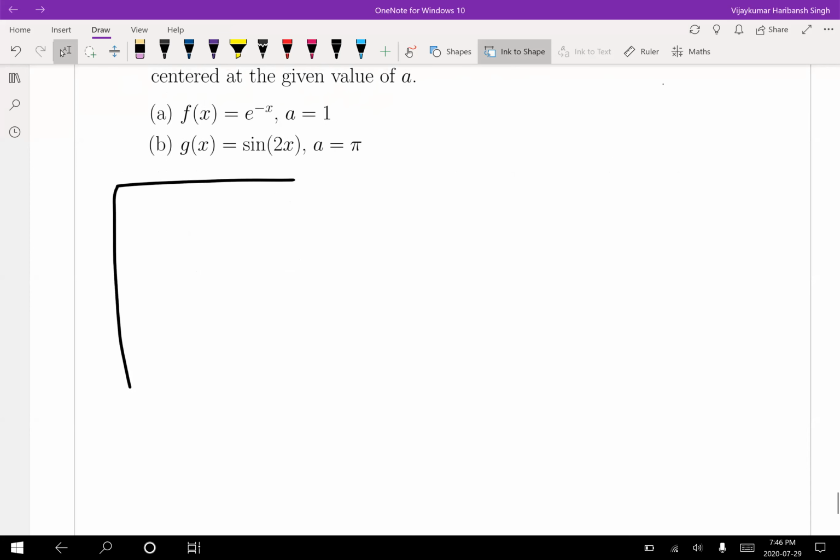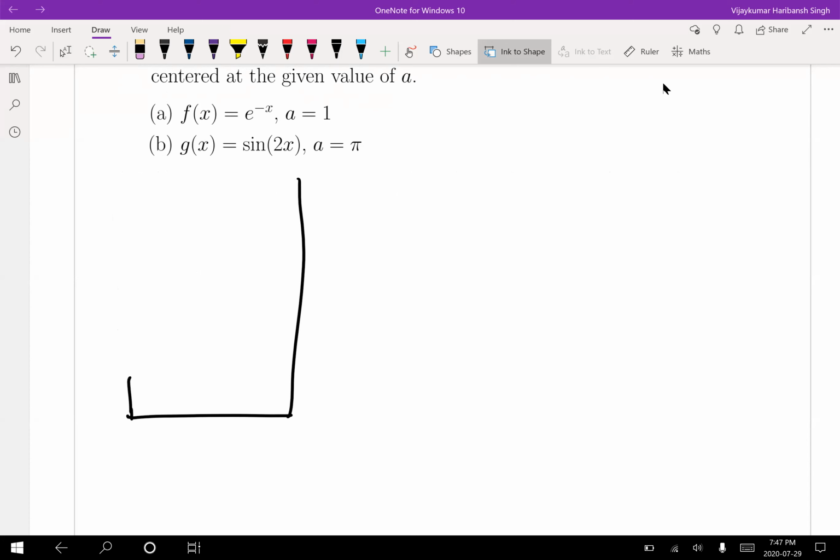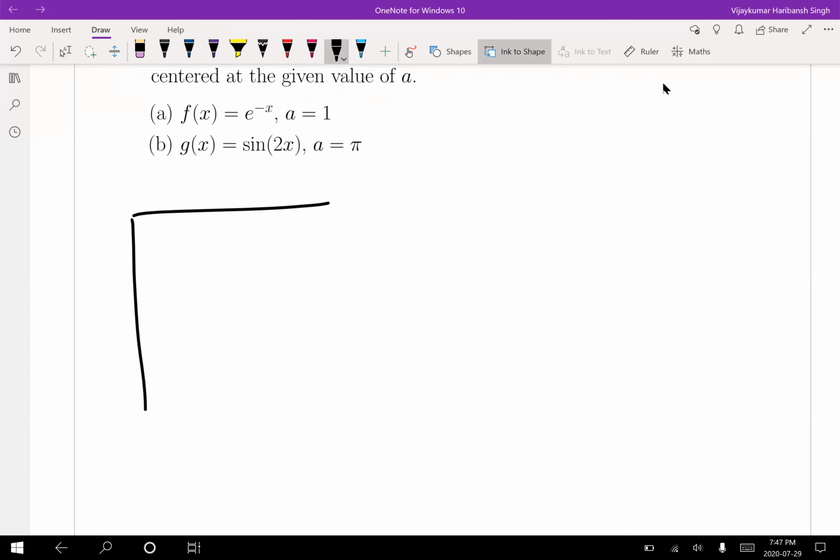For the first one, we need to compute, so I have n equals 0, 1, 2, 3, 4.